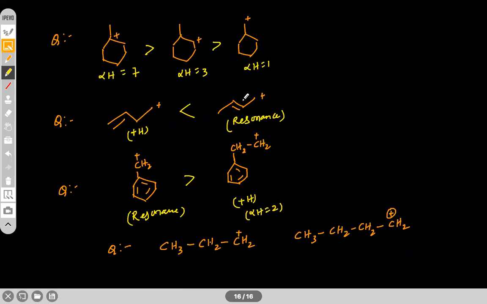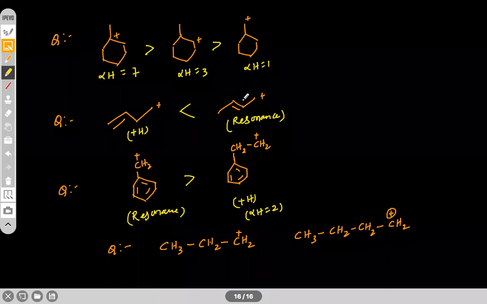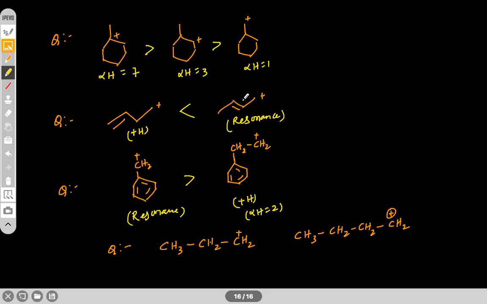In the last one, plus R is electron releasing, minus R is electron withdrawing.